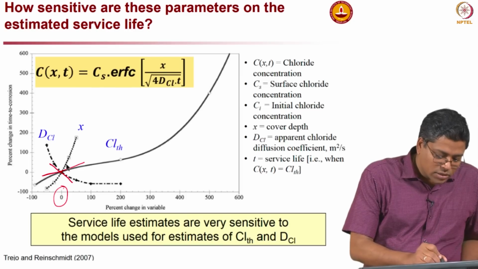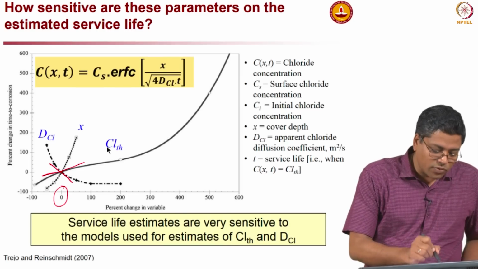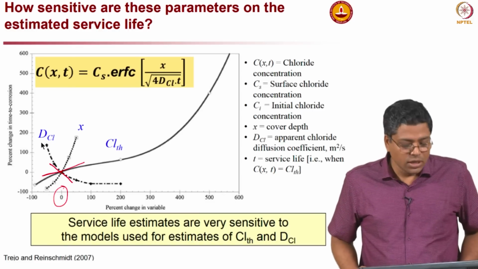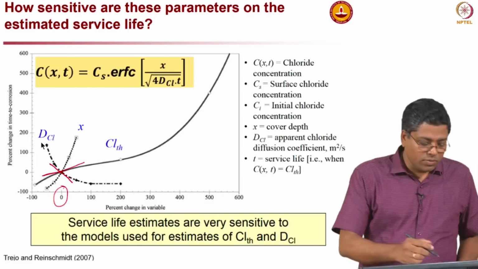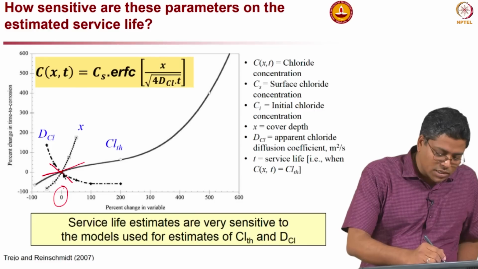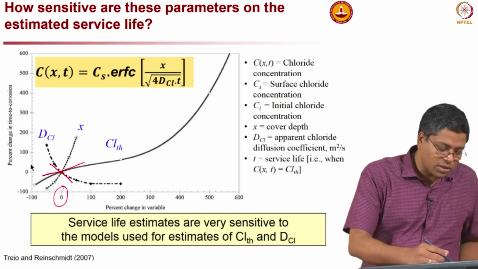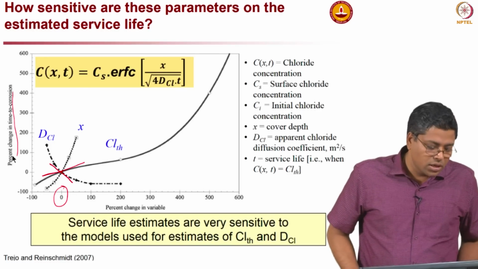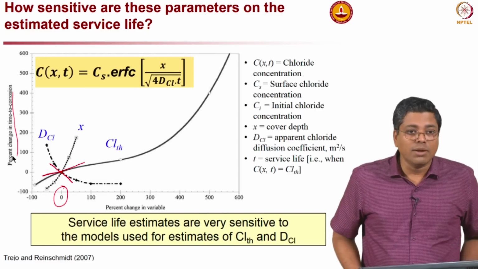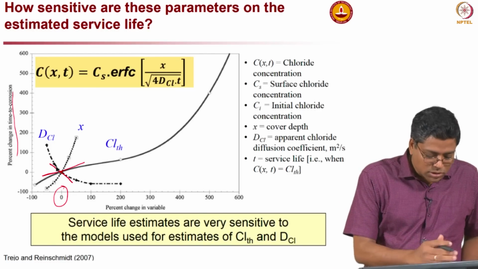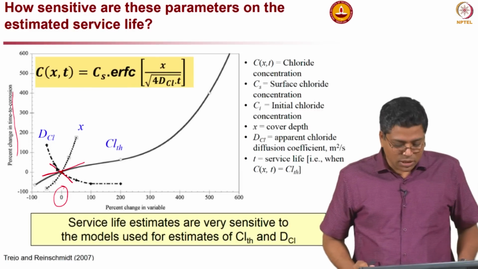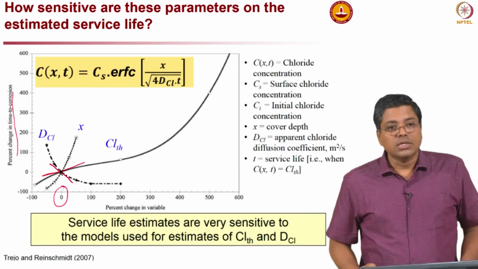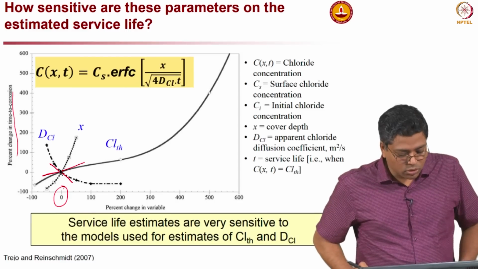What it means is the effect of chloride threshold is less than the effect of diffusion coefficient in this particular case. In other words, if you make a slight change from this point in any of the parameters, you will see a significant change in the percent change in the time to corrosion initiation. So, the slope of these curves about that origin is what is supposed to be looked at.